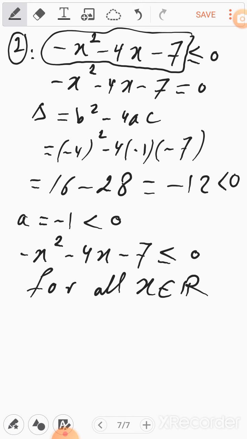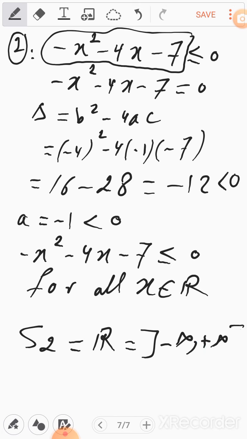So what is the solution of minus x squared minus 4x minus 7 less than or equal to 0? The solution S2 is R, all the real numbers from minus infinity to plus infinity. We are saying it is less than or equal to 0 for all x in R. The solution is the values of x that satisfy this inequality.